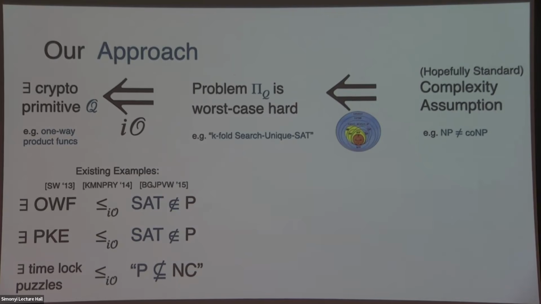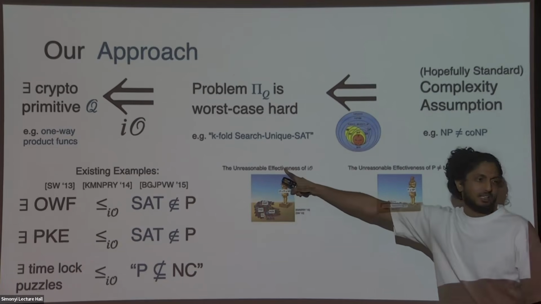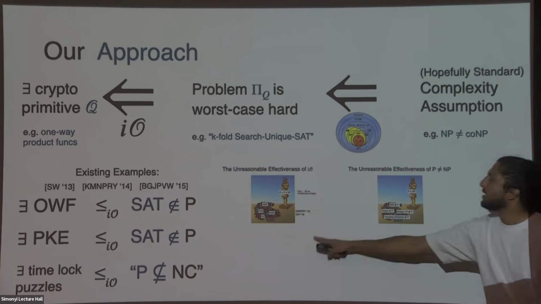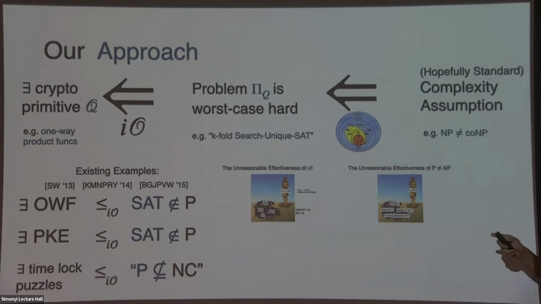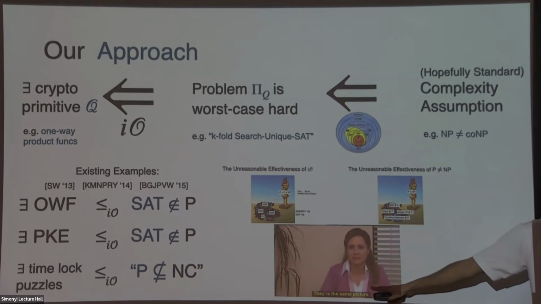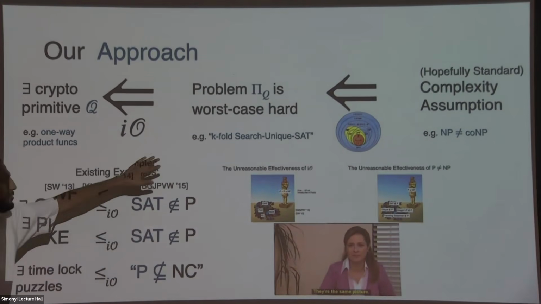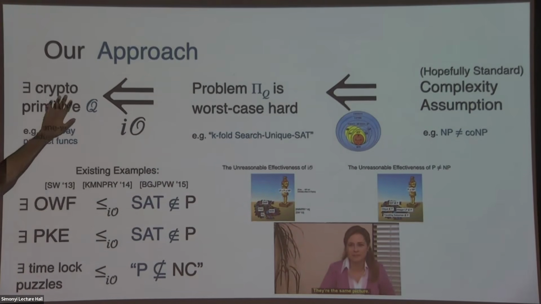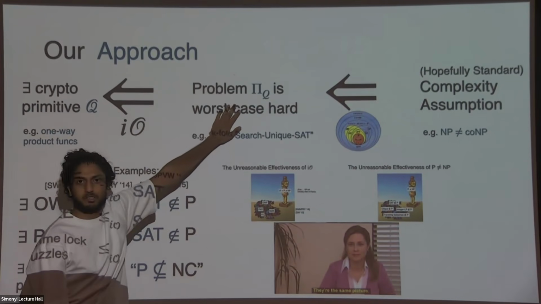Good. And now I want to come back to Wigner. Remember we had these 2 pictures: the unreasonable effectiveness of IO and the unreasonable effectiveness of P not equal to NP. What I want to argue is that they're the same picture. Why? If you accept this phenomenon, which maybe you don't, but let's say you did, that we take a crypto primitive Q, and then you can use IO to reduce it to the worst case hardness of a problem.